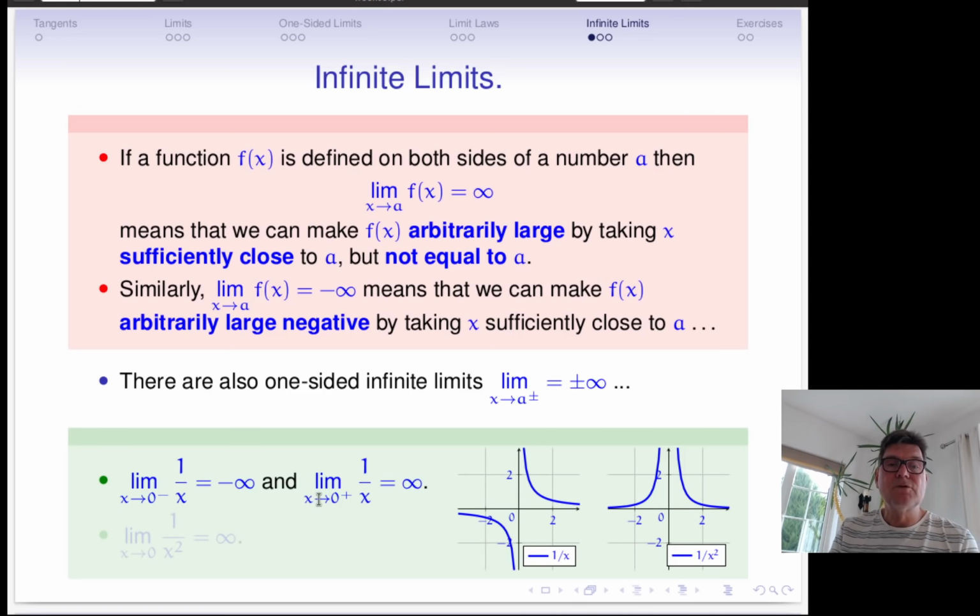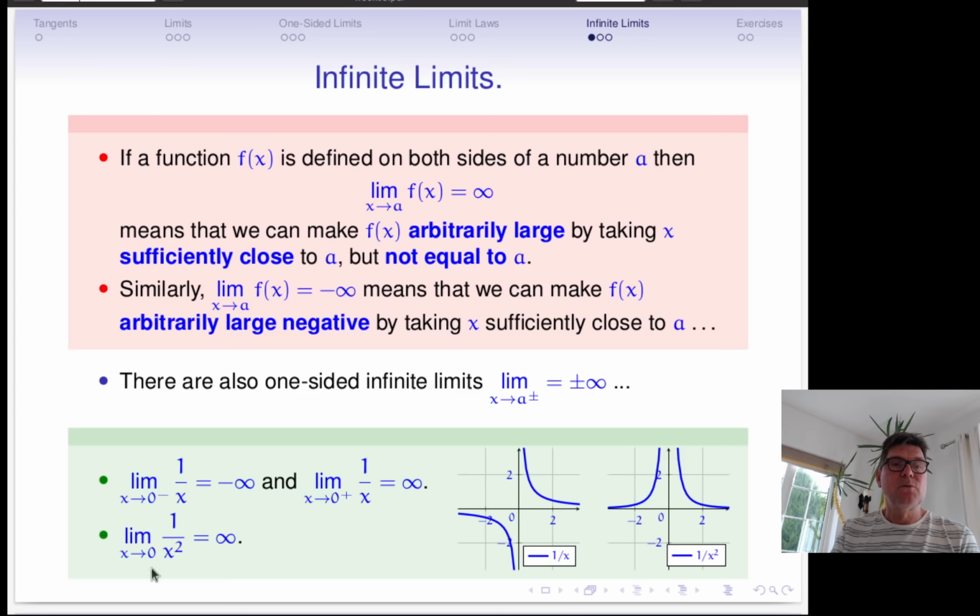And if we're approaching from the positive side, if x goes to 0 plus, then 1 over x becomes larger and larger positive. The graph here goes off to the positive side. Those are one-sided infinite limits. One is minus infinity, one is plus infinity for the reciprocal function 1 over x.